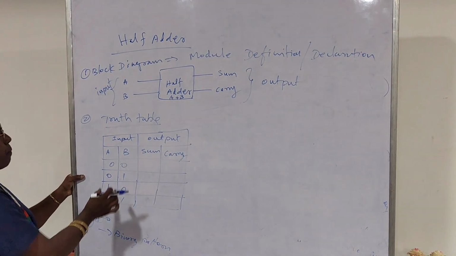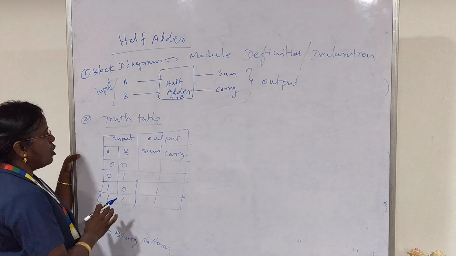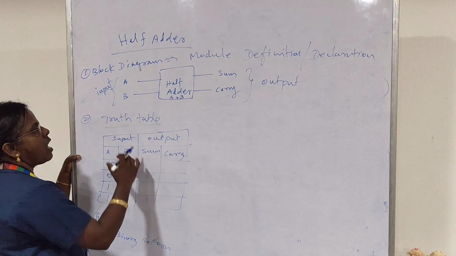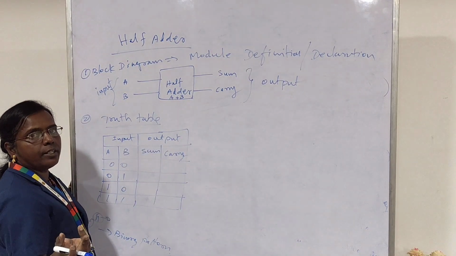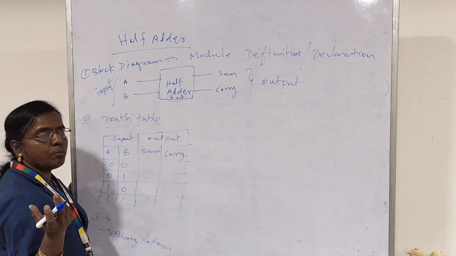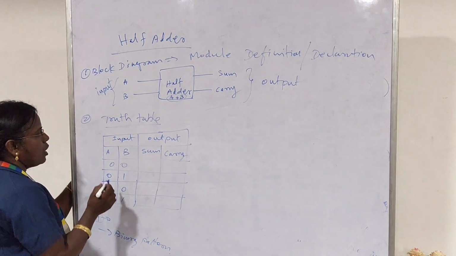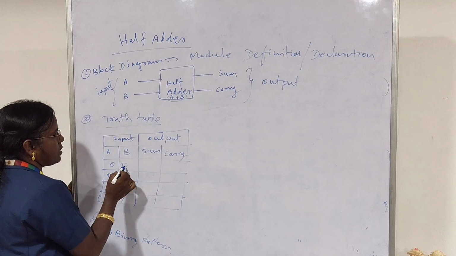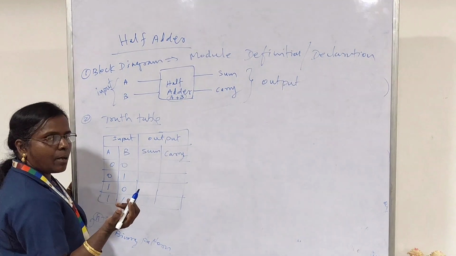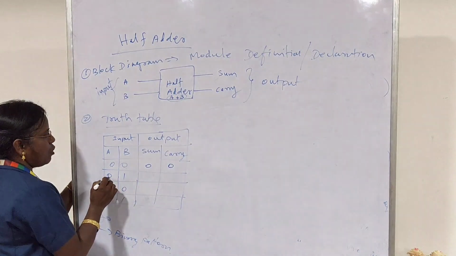For all these binary patterns, the circuit performs the arithmetic addition A plus B. So 0 plus 0: the sum value is 0 and the carry value is 0. 0 plus 1.